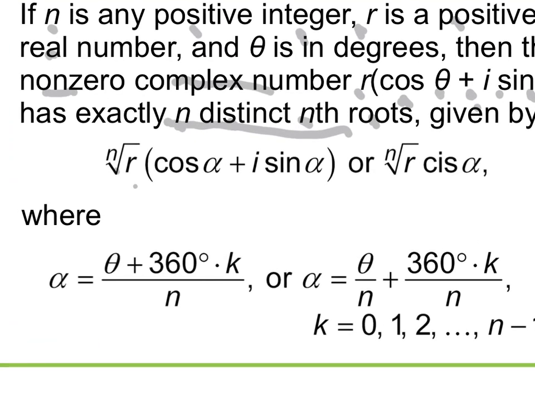The nth root of r, cosine of a different angle, not theta. We started out with theta. This is not theta. This is a different angle that we're going to have to find. So you're taking the nth root of r times cis of a new angle.